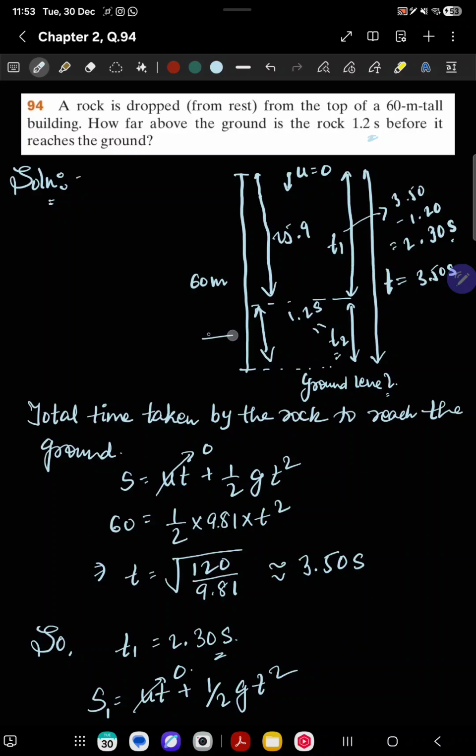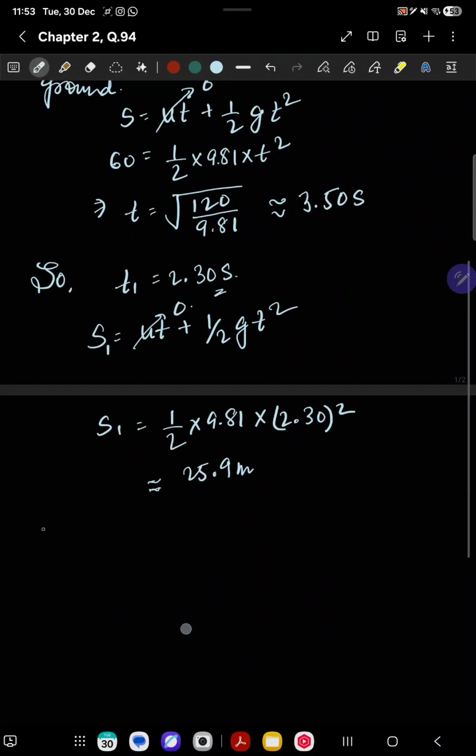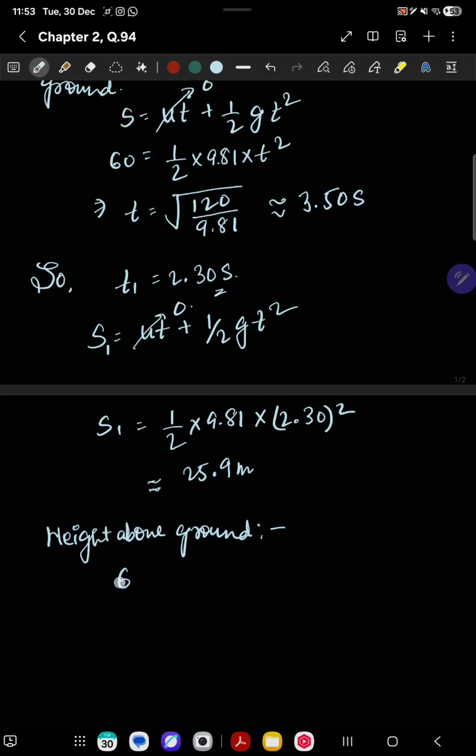So we can directly subtract from the total height: height above ground will be 60 minus 25.9, which will give us a value of 34.1 meters. So this is our final answer.